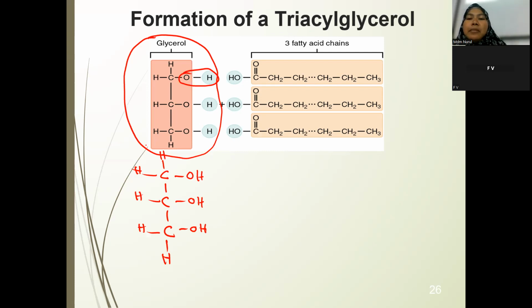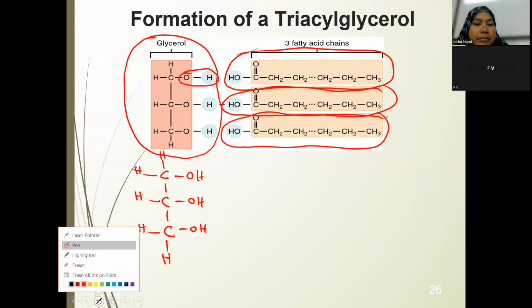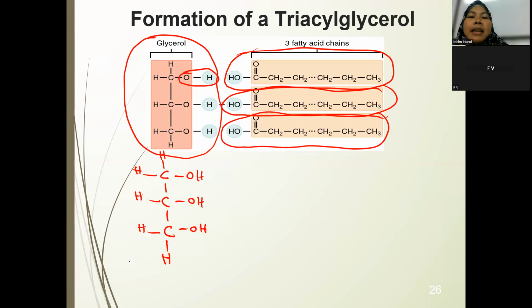Okay. Mana satu fatty acid? Mana 3 tu? Ni satu. This is one fatty acid. This is another fatty acid. And this is another fatty acid. Nampak tak? Macam mana you tahu ni fatty acid? Dia kata apa tadi? A fatty acid must have carboxyl group at the end of the carbon skeleton. Mana carboxyl group?